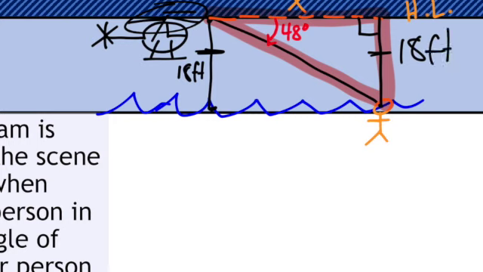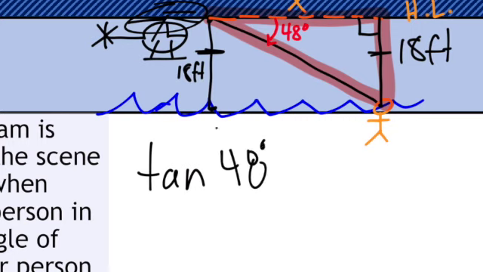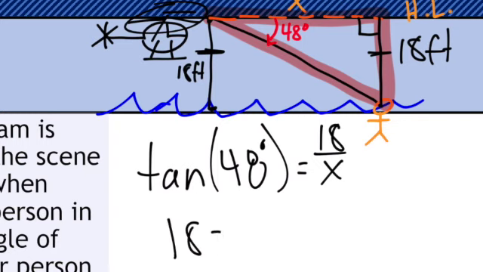So I have opposite and I have adjacent, so tangent. Lots of tangents. A lot of times in real life problems, you use tangent almost all the time. So we've got opposite, and then the adjacent: 18 divided by x, and then we cross multiply this. We've seen it a few times, so I'm not going to show all the work.